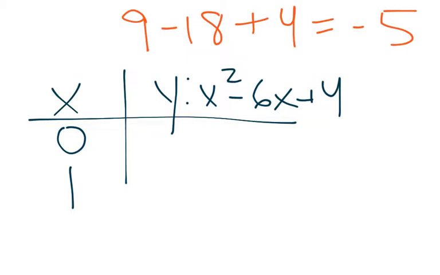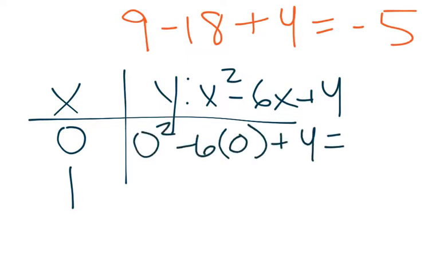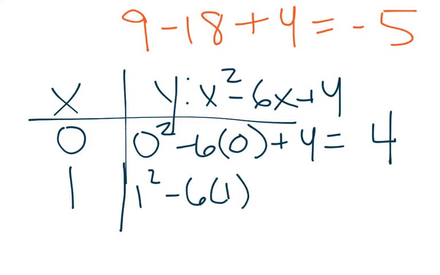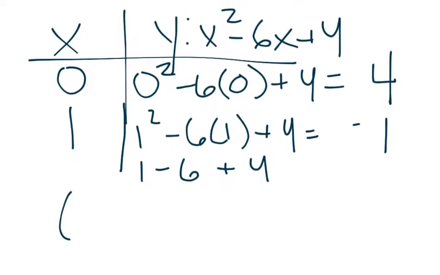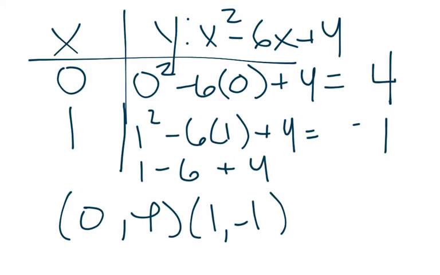So if we plug in 0, we have 0 squared minus 6 times 0 plus 4, and that equals 4. If we plug in 1, we have 1 squared minus 6 times 1 plus 4, and that equals 1 minus 6 plus 4, and that is negative 1. So we have (0, 4) and (1, negative 1).